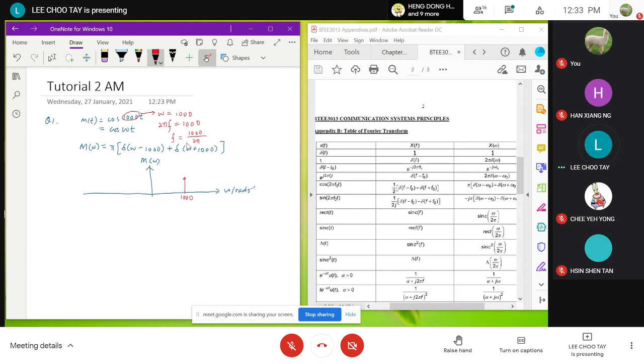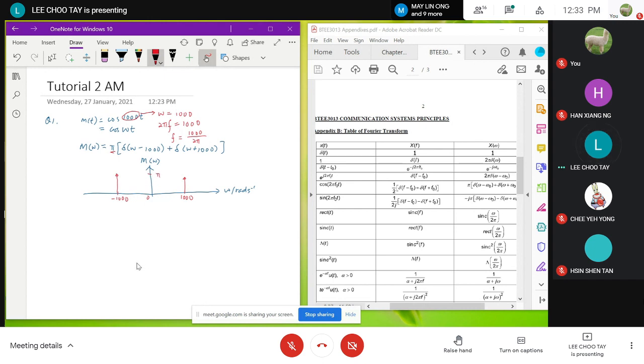The second delta function is 0 when omega is minus 1000, so you have another impulse there. The amplitude of each is pi.